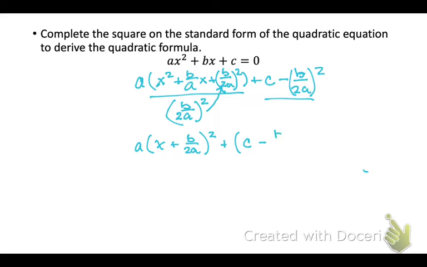Should we make this B squared over 4A squared? Can we do that? That looks prettier, doesn't it? How did I get B over 2A squared to... Oh, this should be B squared, shouldn't it? B squared over 4A squared. 2 squared. Yeah, I distributed the square, right?